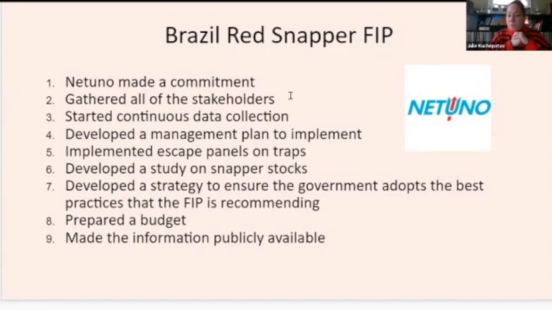They developed a management plan to implement. They implemented escape panels on traps. So this would be some sort of gear modification. So probably when they started the data and developed this management plan, this was based on an assessment that they did of the fishery.